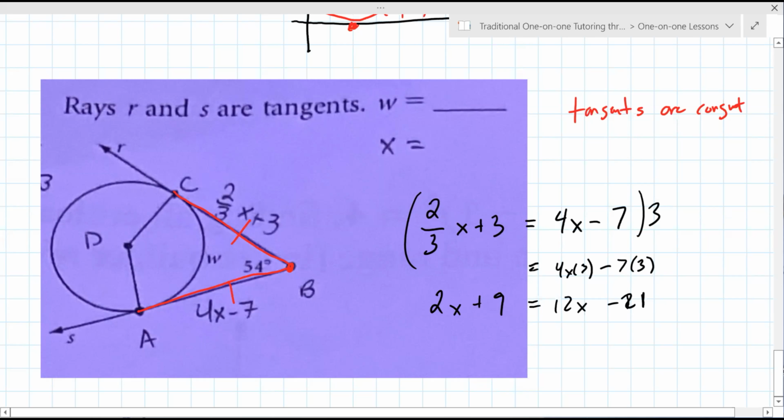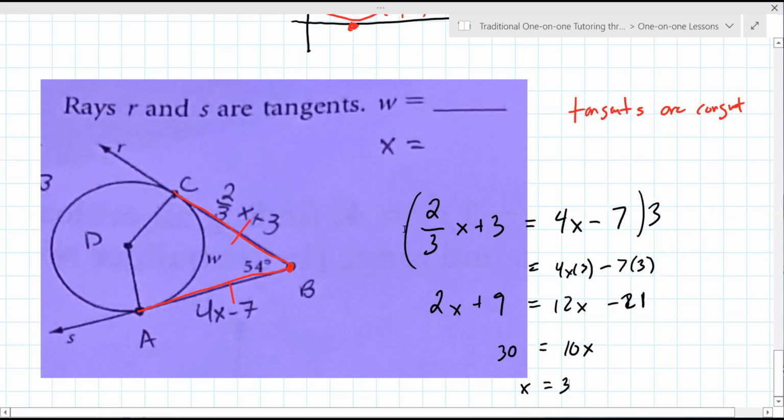Once I finish that, it would be 2x minus 12x equals negative 21. You start moving things around and you end up getting x equals 3. The algebra is not meant to be difficult in this class, so if you get a weird answer, check your work. Make sure it's simplistic.